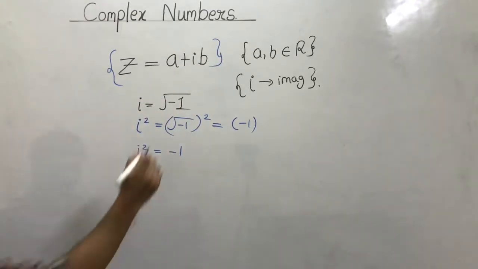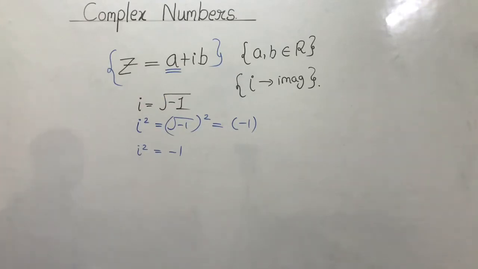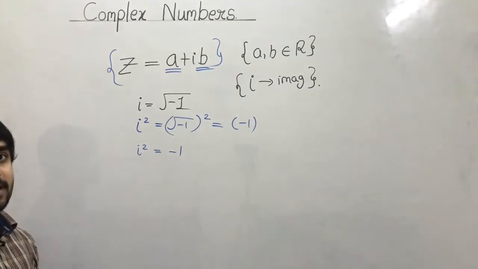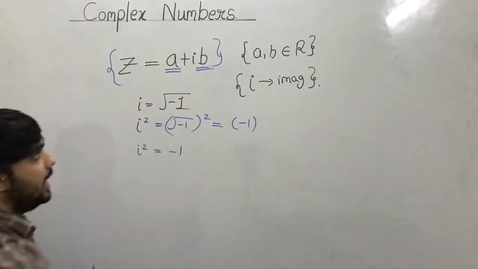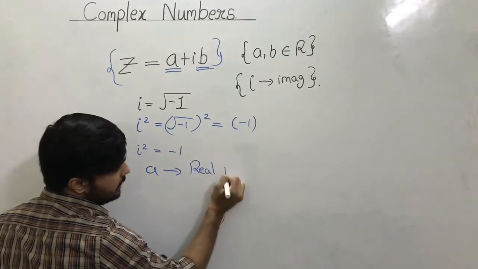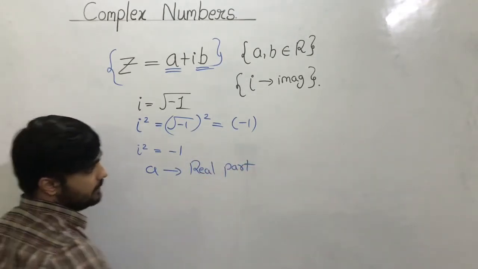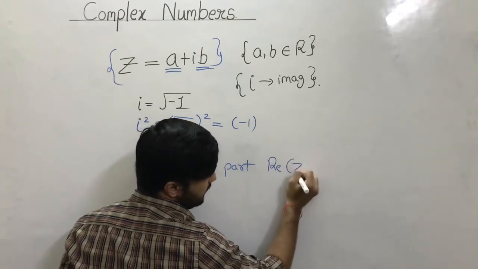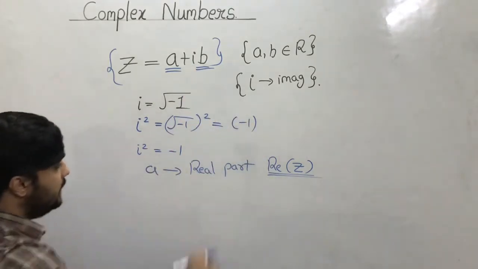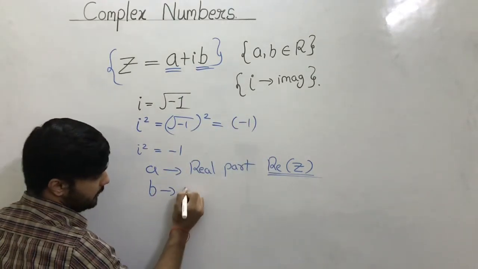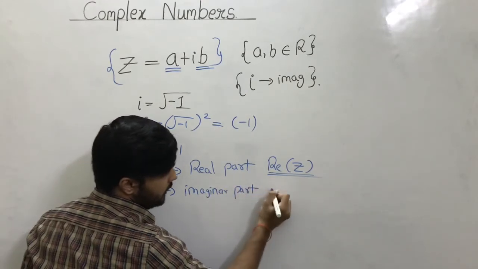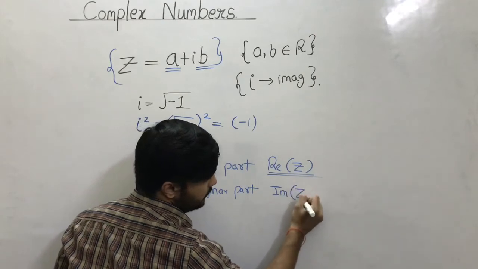Now in this, a is called the real part of the complex number and b is called the imaginary part of the complex number because it is along with i. So we can say a is the real part and we denote it by real part of z, that is the real part of the complex number, and b is nothing but the imaginary part, or we can call it imaginary part of z.